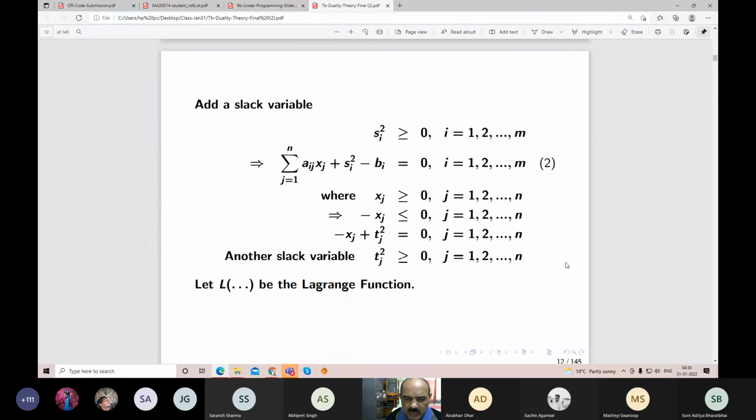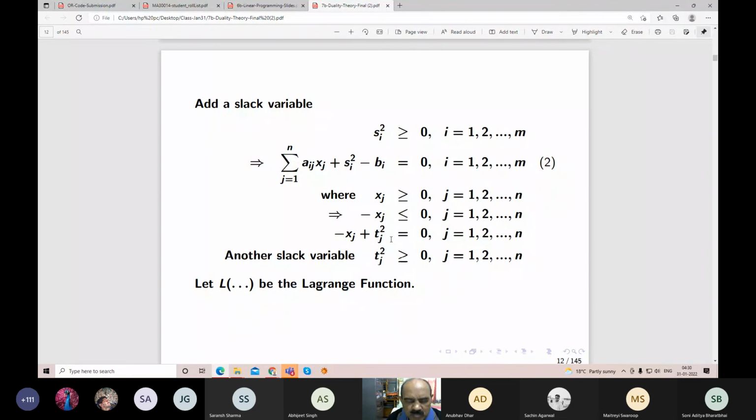Now, our xj is greater than or equal to 0. If xj is greater than or equal to 0, multiply by a minus sign: minus xj less than or equal to 0. True or not? For this equation, minus xj plus tj squared equal to 0.